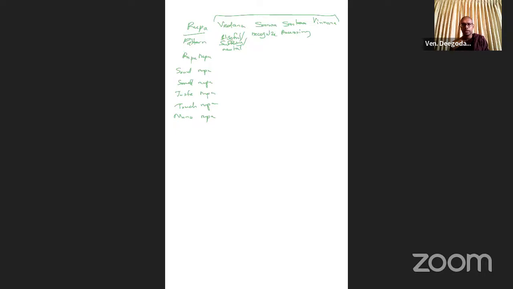So every Rupa, just like a photocopy machine photocopying from the physical copy, or the original copy, into a black and white copy, which is the photocopy. Just like that, this mind and body works together to get a mental copy.